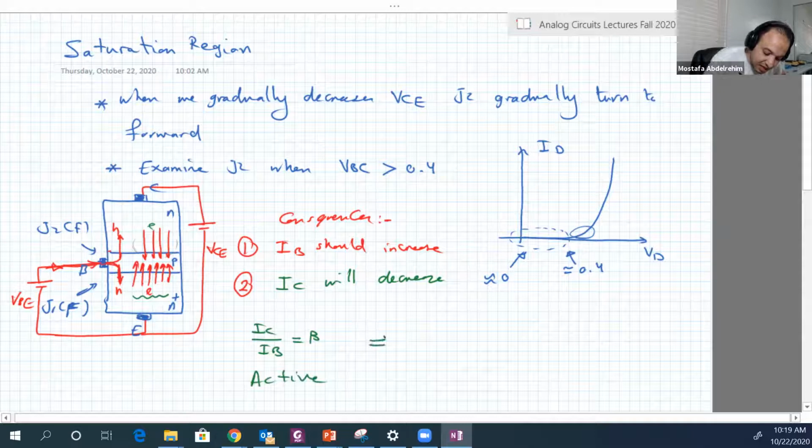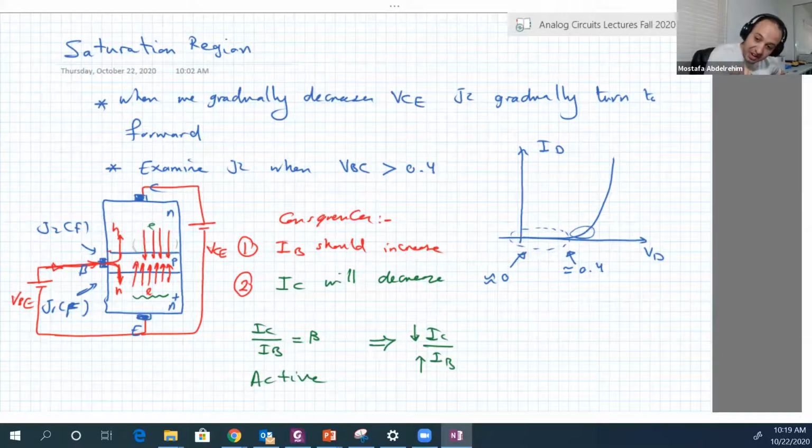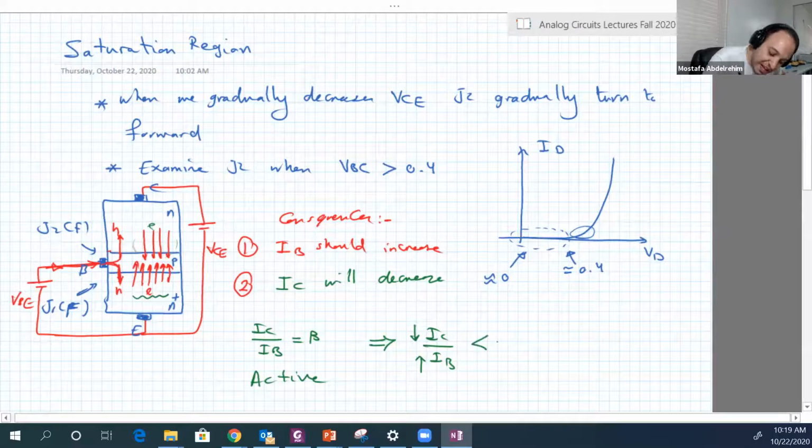Now, what will happen to this relation in saturation? So let's write it again. IB will increase, IC will decrease. It's a twofold effect. The numerator decreases and the denominator increases. So this for sure will be less than beta.